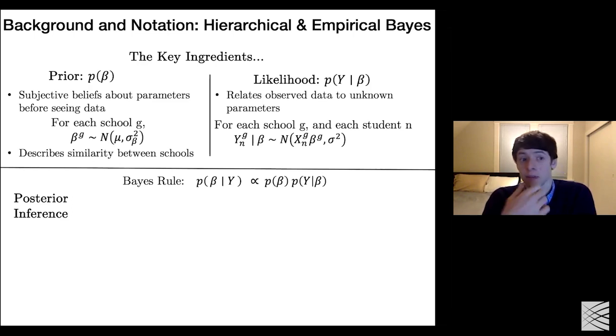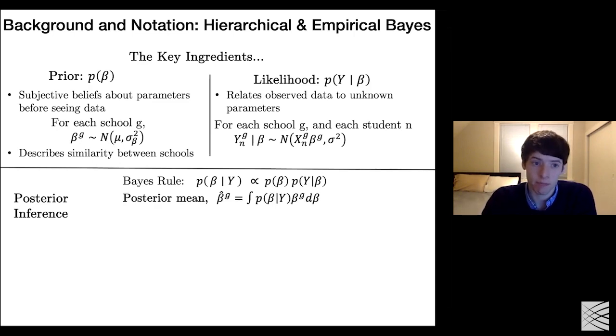Together, we can do posterior inference using Bayes' rule, which tells us how to update our prior beliefs based on our likelihood. A standard way to summarize this, particularly if we care about squared error loss, is using the posterior mean, which is just integrating over the posterior and taking the expectation of this coefficient beta g.